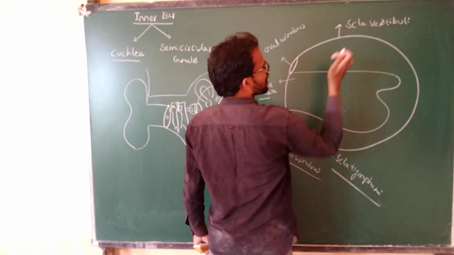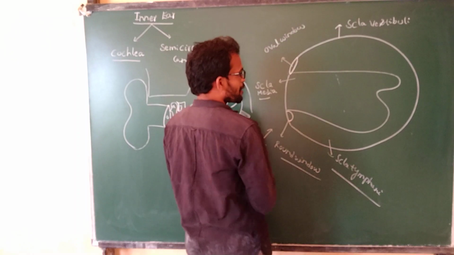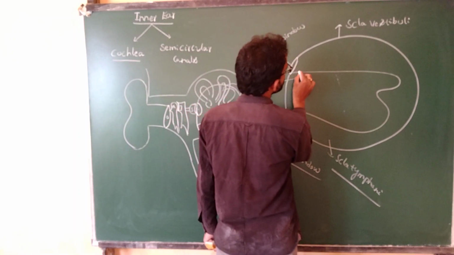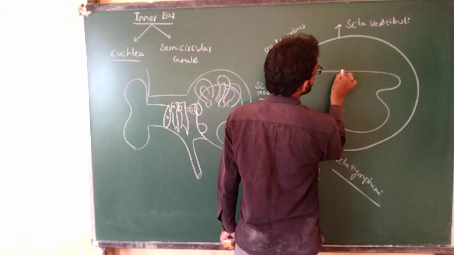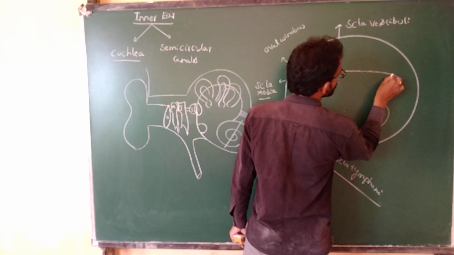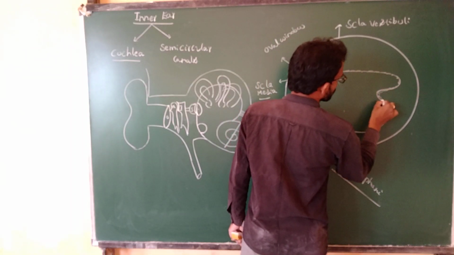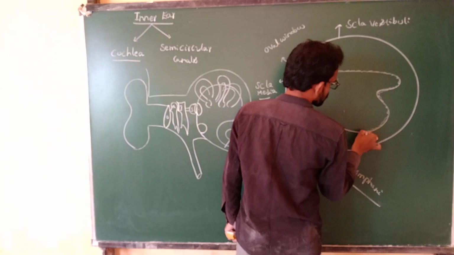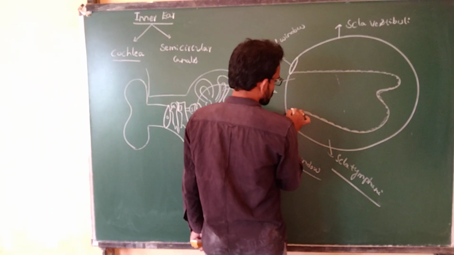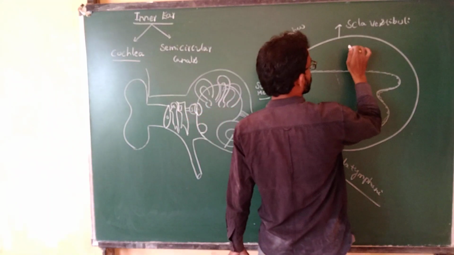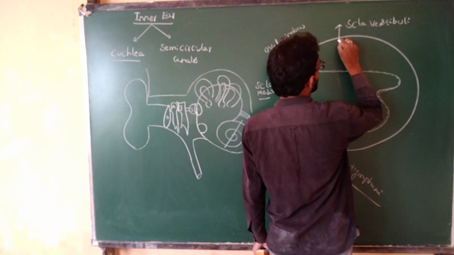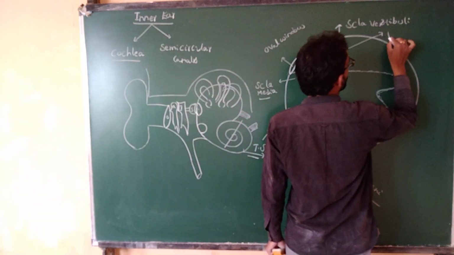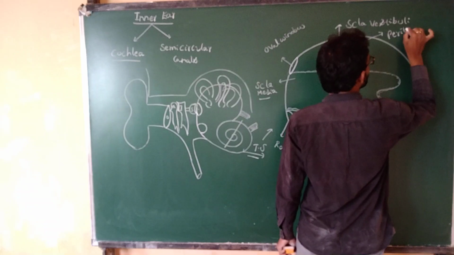Coming to the scala vestibuli, this is the bony labyrinth and this is the membranous labyrinth part. Scala vestibuli is filled with perilymph.